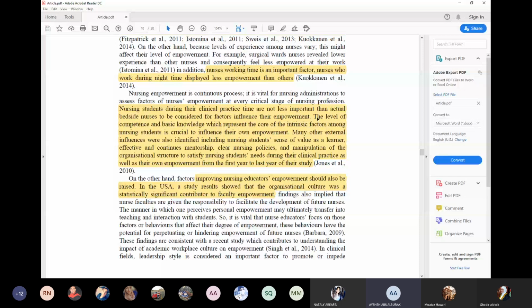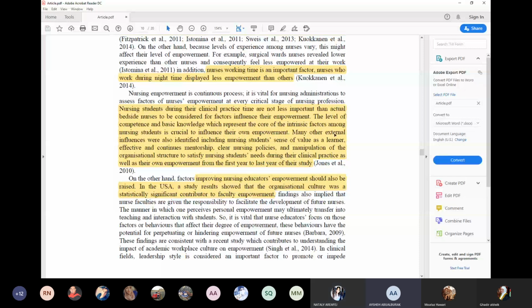To be considered for factors influencing their empowerment, the level of competence and basic knowledge represent the core of the intrinsic factors among nursing students, and are crucial to influence their own empowerment.